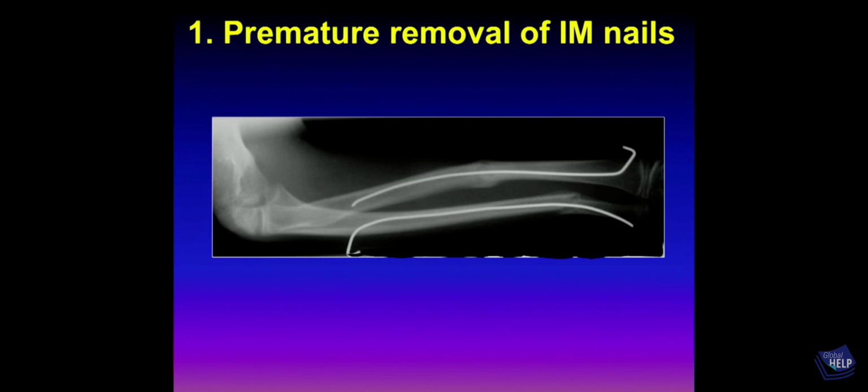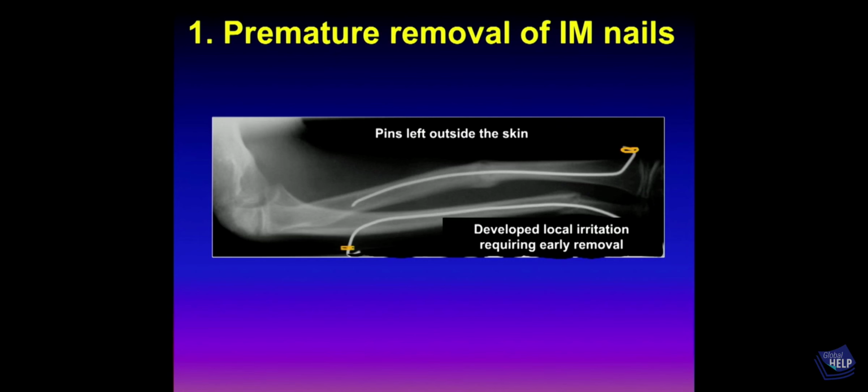And here is a good example. We used to leave the pins out, and we'd take the pins out in the clinic, which was kind of a screaming fit when you take it out. And so the pins were left out, and they'd get a little local irritation around there, and you'd take out the pins prematurely.